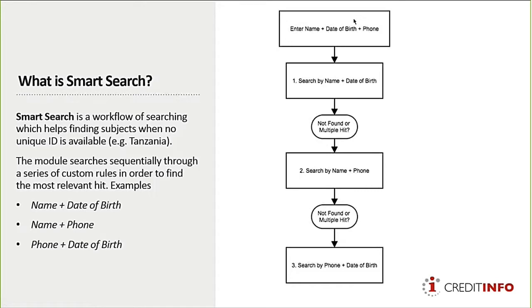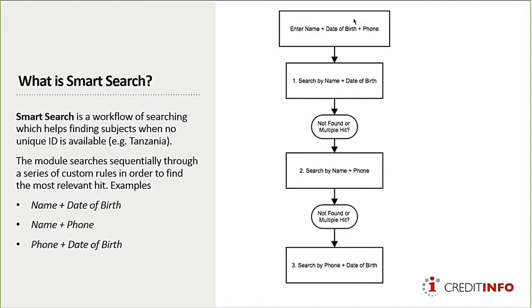So you can see here in this example that the first step is to try to find a subject on the basis of name and date of birth. Then, if this combination does not give us a single hit, so either it is multiple hit or this subject is not found, then the engine continues automatically searching by different rules which are set up in configuration.